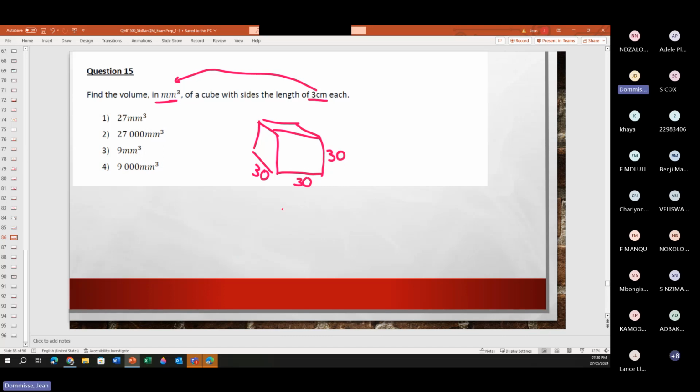Okay, so now it actually becomes 30 times 30 times 30, which is 27,000 millimeters to the power of 3.